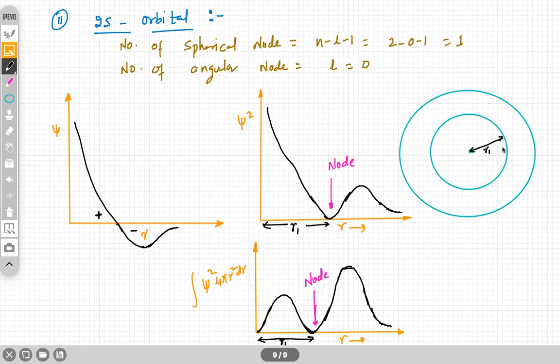Suppose I'm giving you a value here, this is 5 meter, for example, and suppose we have 12 meter as the radius of this sphere. And we have a nodal surface at 7 meter. Then the nodal surface will be 7 meter from this point. You can draw a sphere over here. But isn't the probability of finding the electron 0 from 5 to 12?